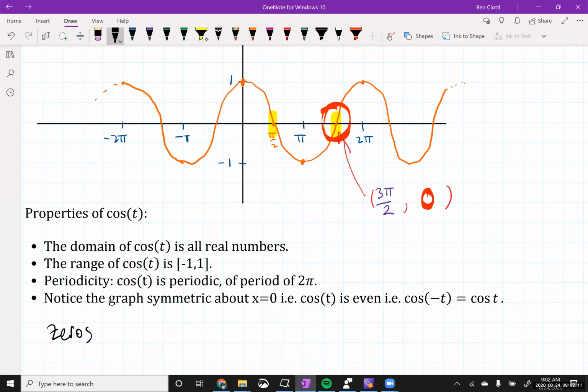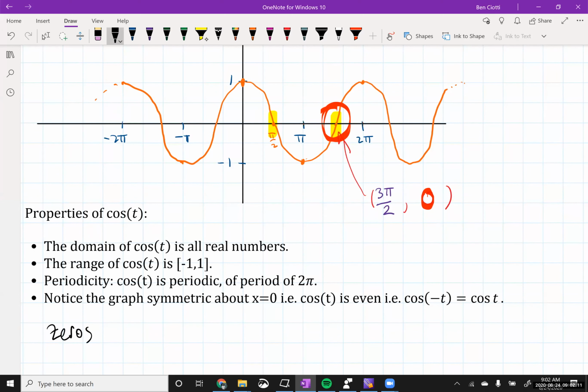All the y values get stretched vertically by a factor of 2. So, okay, let me take these y values. For example, right here, we've got the point pi over 2, 1.